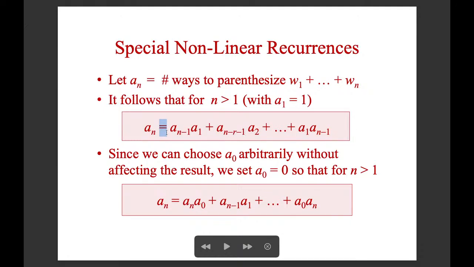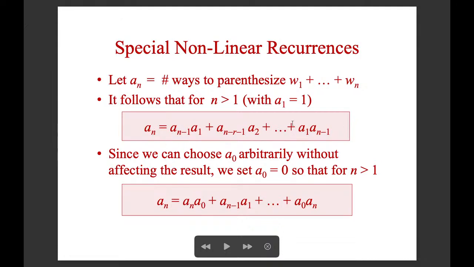So this is going to be a_{n-1} multiplied with a_1 plus a_{n-2} multiplied with a_2 plus a_{n-3} multiplied with a_3, and so on and so forth, up to a_1 times a_{n-1}. Now notice that this is really like a convolution, except that we don't have the term of a_0 inside. We should have a_n a_0, a_0 a_n.